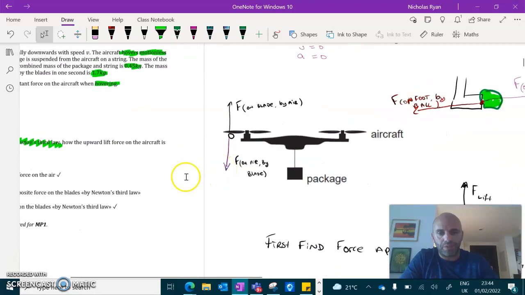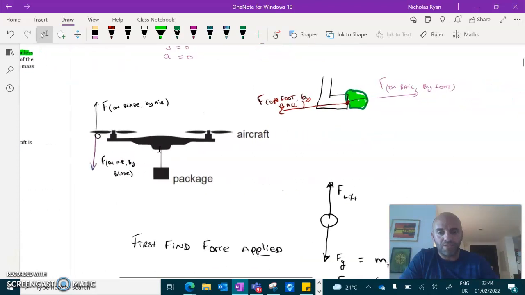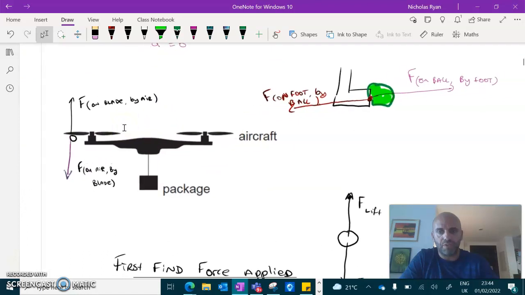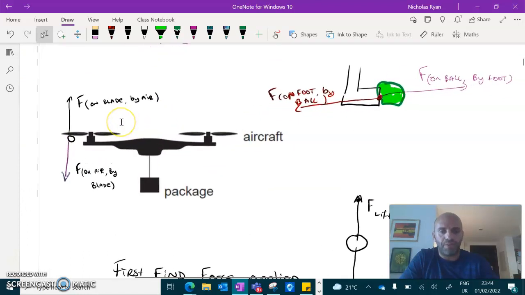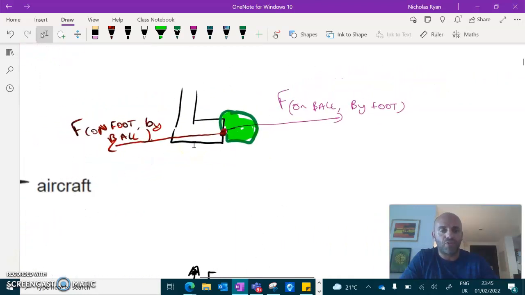Personally, I've always liked to avoid the common version of Newton's third law, where you say for every action there's an equal and opposite reaction. I would try to avoid that explanation, and I would try to explain things in terms of the force felt on, say for example, the ball is equal in magnitude but opposite in direction to the force felt on the foot.